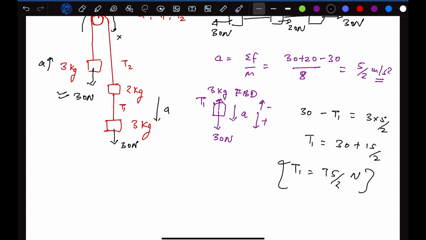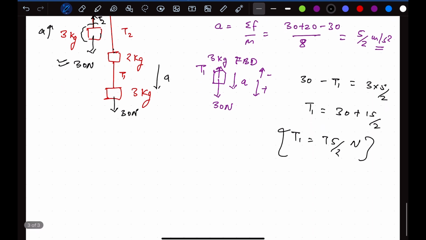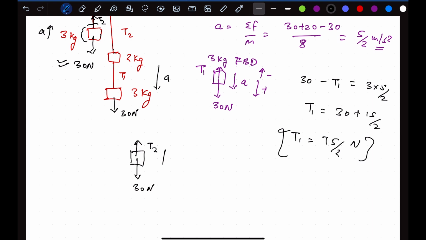And for T2, I can take the FBD of this other mass, because here there is also the tension T2. So for the other 3 kg, T2 is like this, and the 30 Newton is acting like this, right? And the acceleration a is in the upward direction.